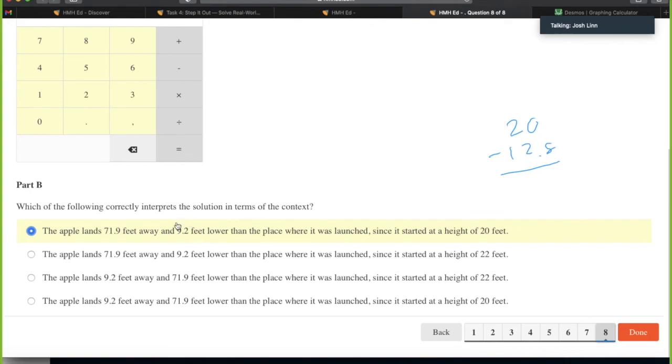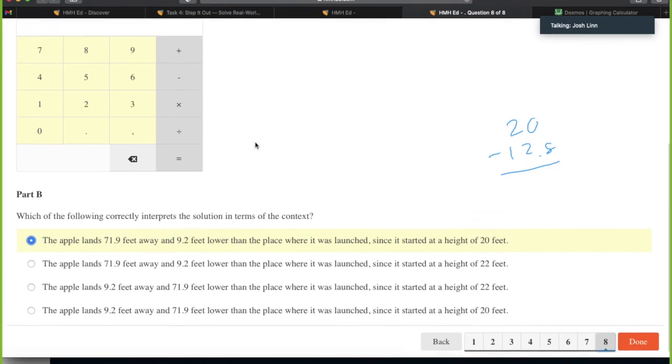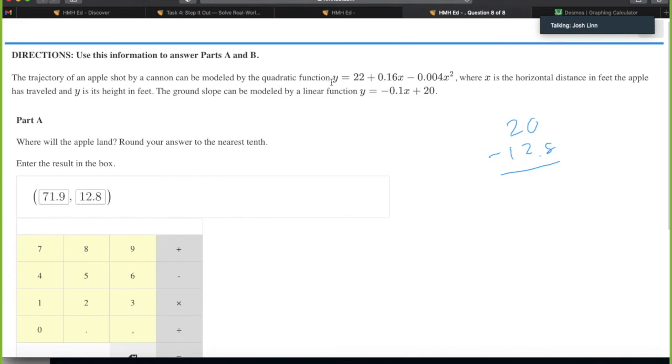So that last part's kind of hard to do without an actual picture, and it was a little hard to glean that information from just this equation right here. They didn't really make that clear, but that's what they were kind of looking for. So the way I came about that, the apple was launched from the cannon. The cannon clearly, so here's our hill, sticks out a little bit because the y at x equals 0 from our parabola, or our launch of the apple, has that 22 here.